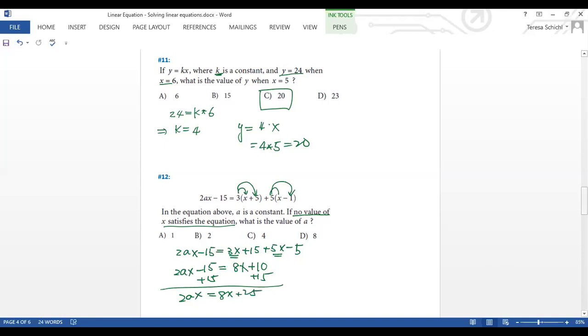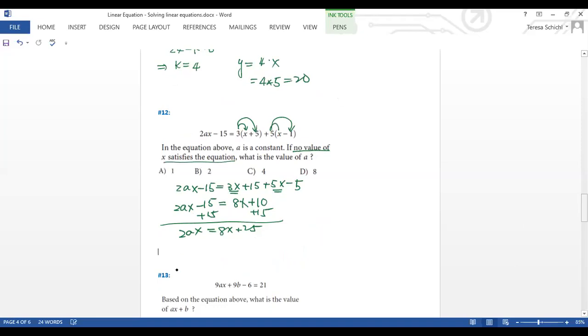Okay, now I'm going to solve for x, right? So I subtract ax from both sides. So my right-hand side is equal to 25, and this is 2a minus 8 times x here. Okay, so I know that my x here is 25 over 2a minus 8.